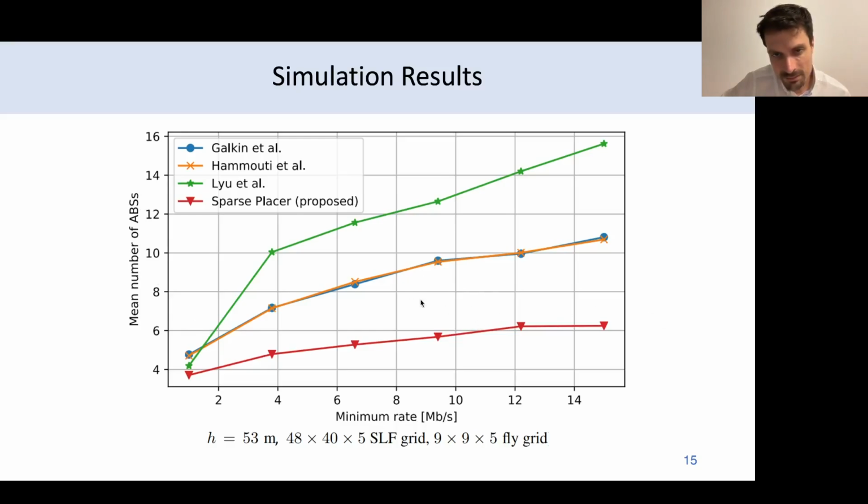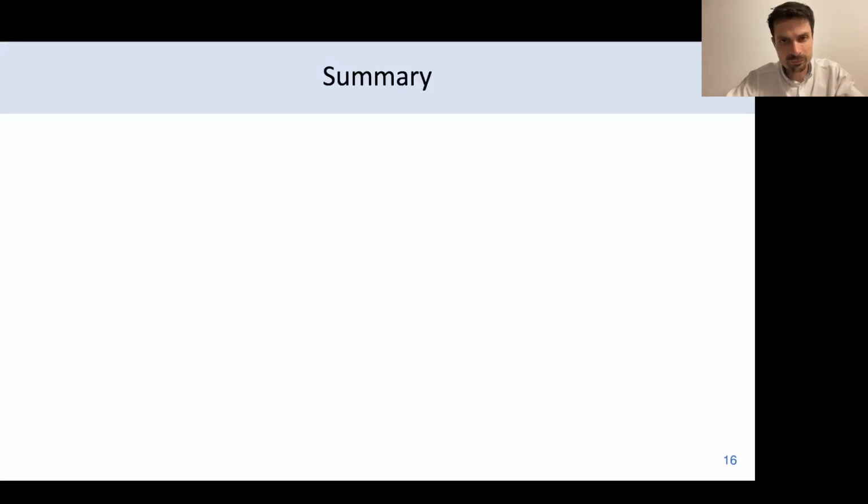But we see that with the proposed algorithm, the number of ABSs is significantly smaller than for existing algorithms. Remember that these algorithms used other channel models that are less accurate, and also their placement criteria are less sophisticated than in our algorithm.